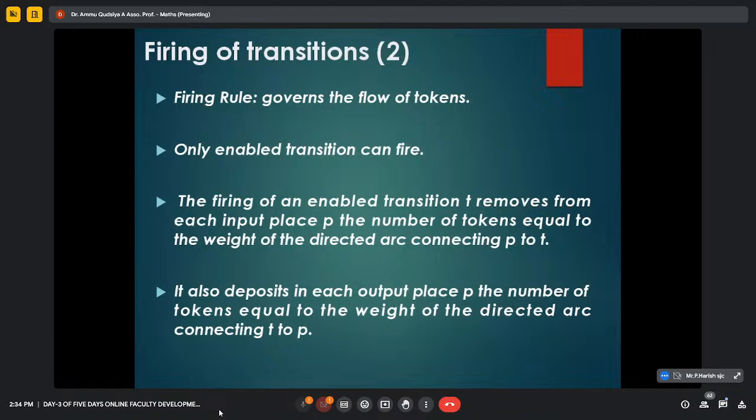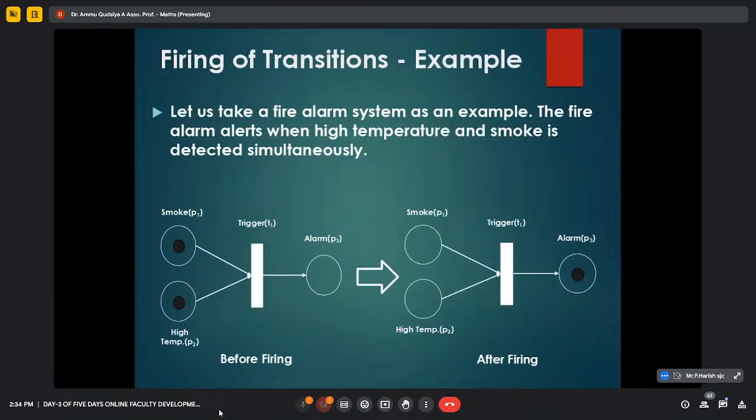To make it more clear, I have taken a small example just to show you what this firing does. I have taken a small fire alarm system as an example. This fire alarm system alerts when high temperature and smoke are detected simultaneously. So I have modeled this using Petri nets.